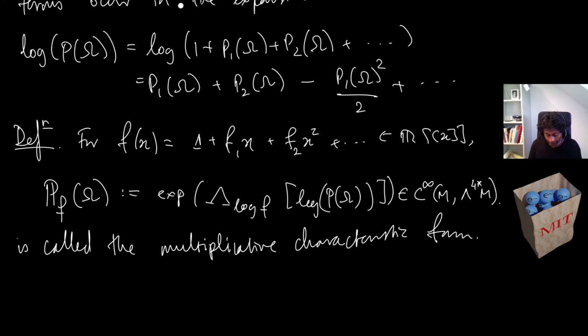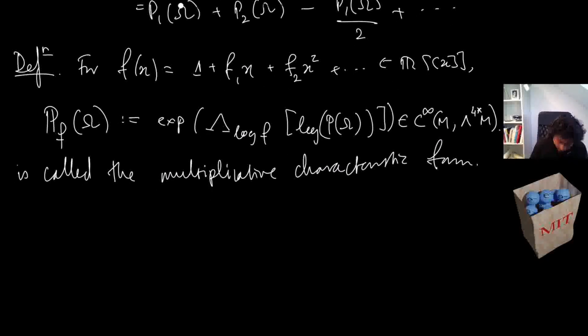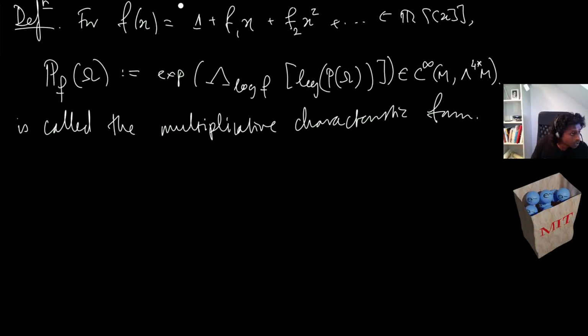But the important thing is that there is a way of taking a formal power series and then constructing something from the Pontryagin forms, and then we have this so-called multiplicative characteristic form, which is the object that arises in geometry for specific choices of f. Okay, so now let's move on and think about some geometric applications.